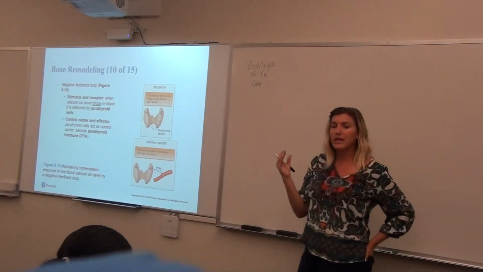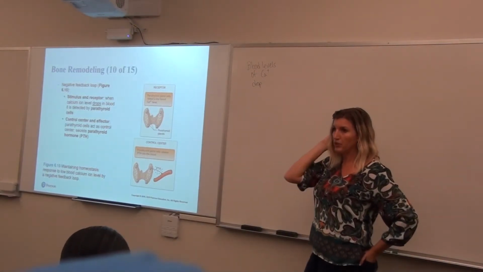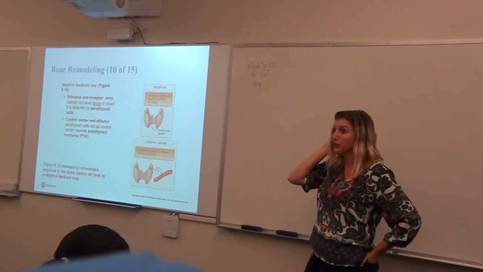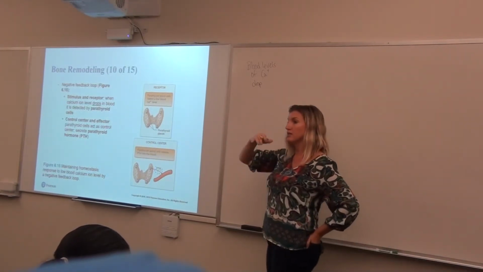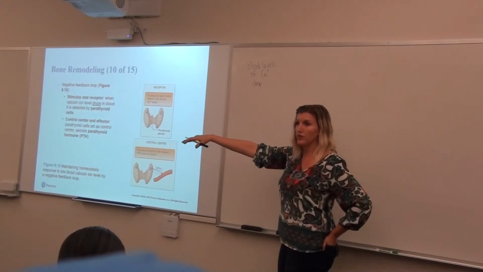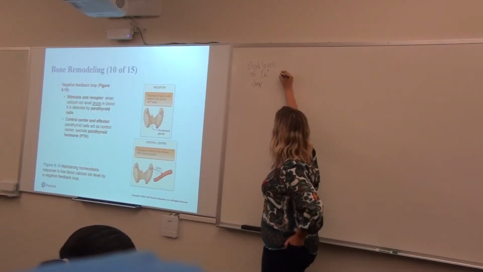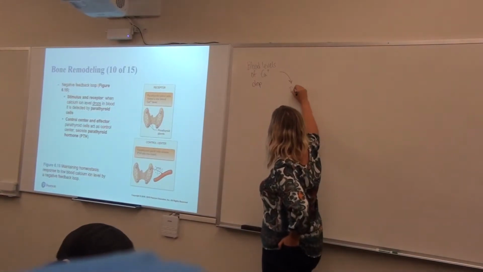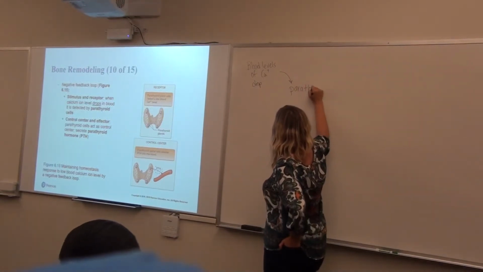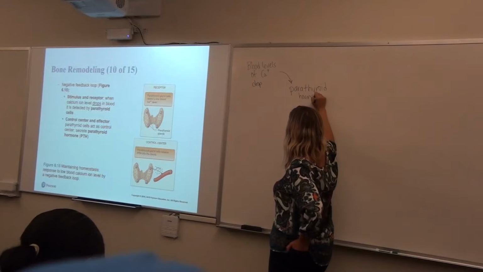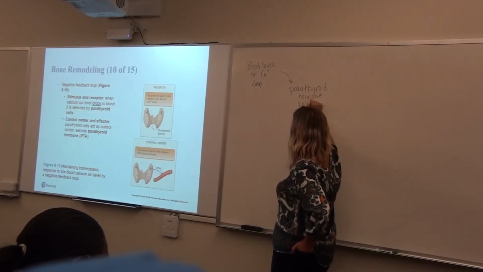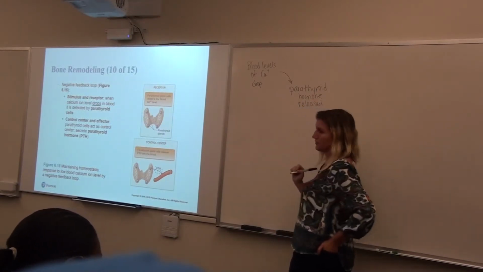So when calcium blood levels drop, your body says, uh-oh, how's our heart going to beat? Uh-oh, how's our blood going to clot? We need a constant level of calcium in our blood. So the hormone, parathyroid hormone, is released. The parathyroid hormone is going to raise blood calcium levels.